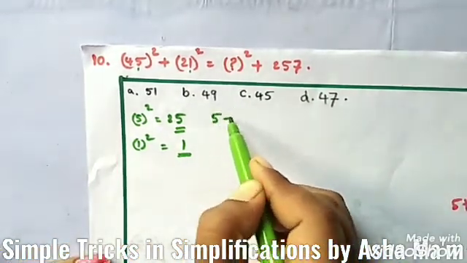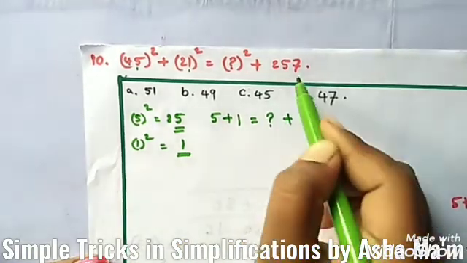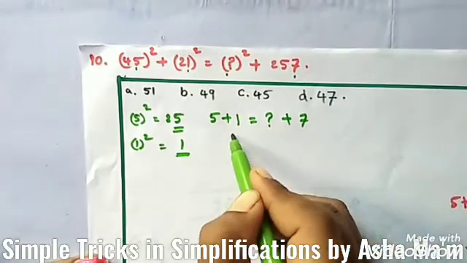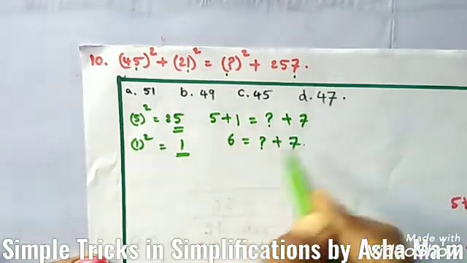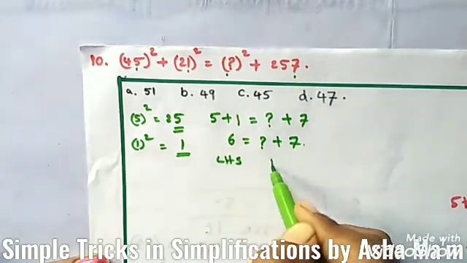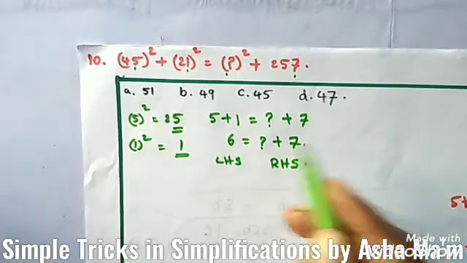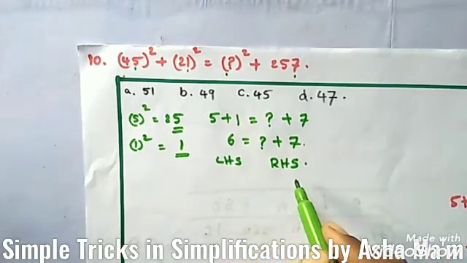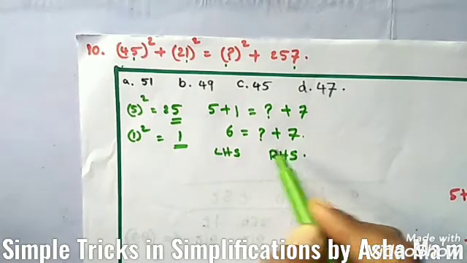Now this 5 plus 1 is equal to question mark plus 7. We have to consider these also. Now 6 is equal to question mark plus 7. So this is LHS, this is RHS. So the same number should be presented in the left hand side and the right hand side. So here 7 should add to some other number.